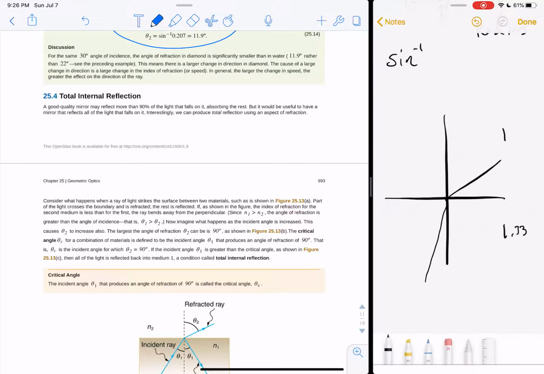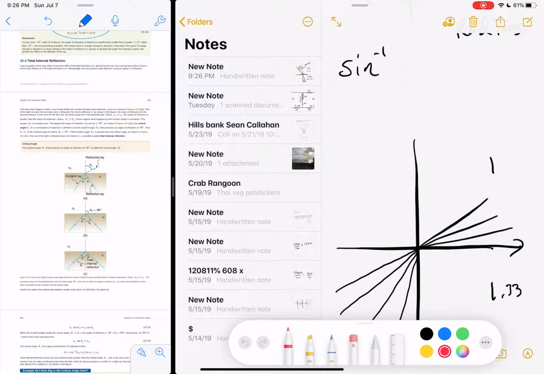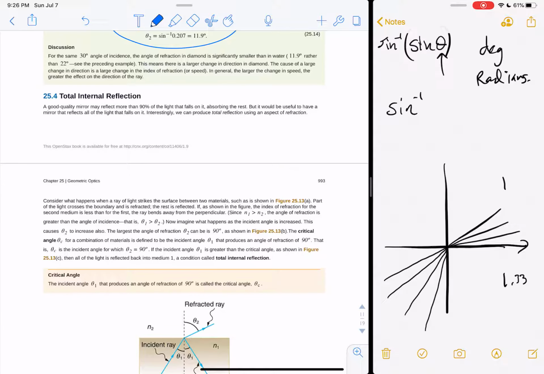As we get this angle closer and closer to the surface, there's an angle where the refracted angle is 90 degrees.